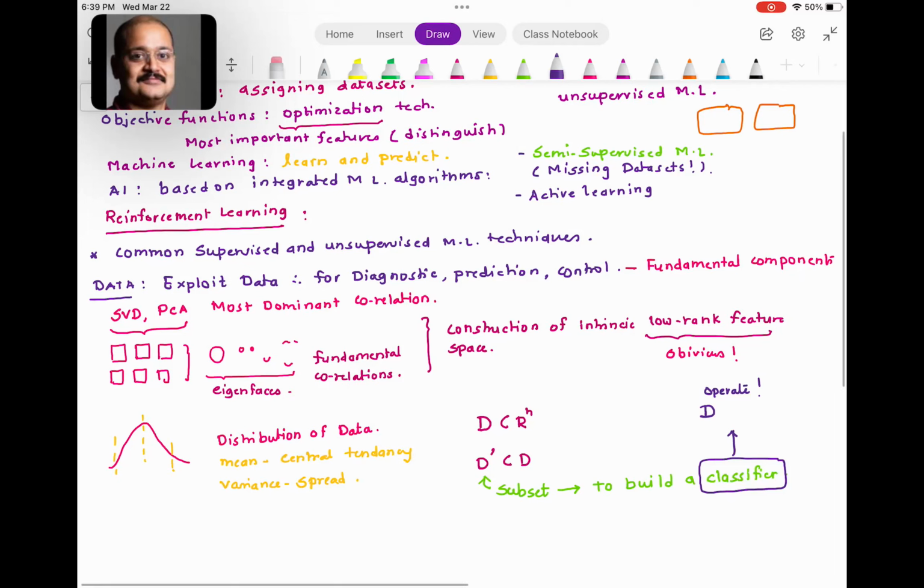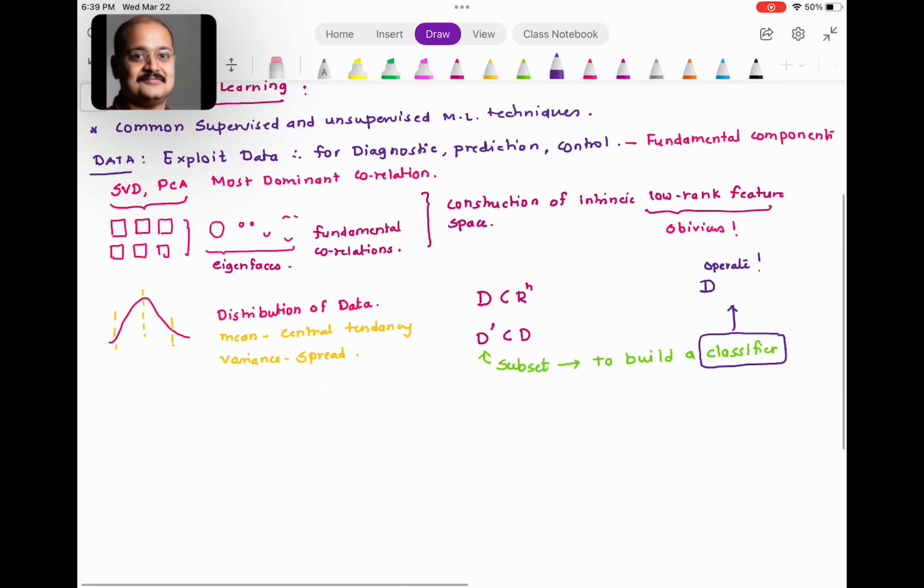Mathematically, if I want to define an unsupervised learning problem, then it means you have an input, wherein the input you have the data.